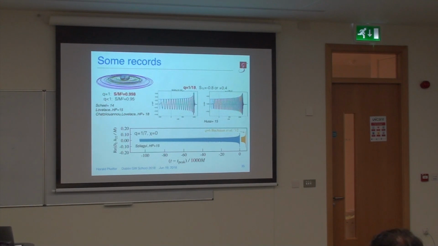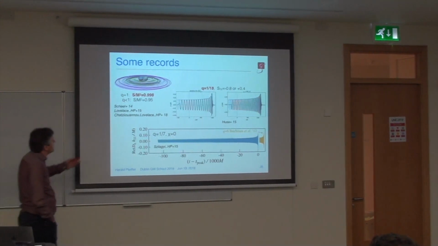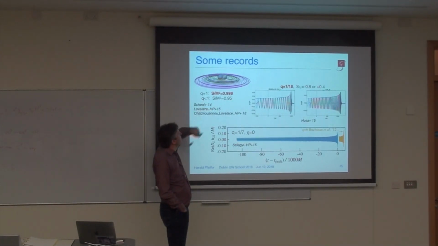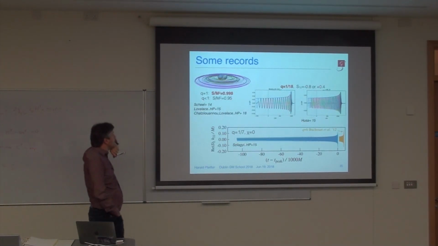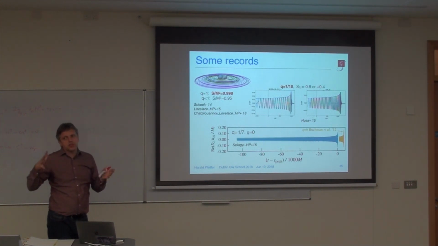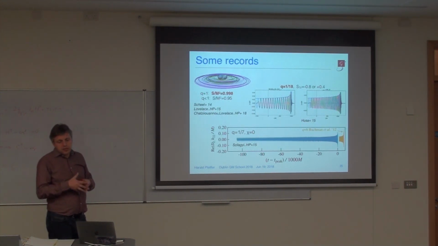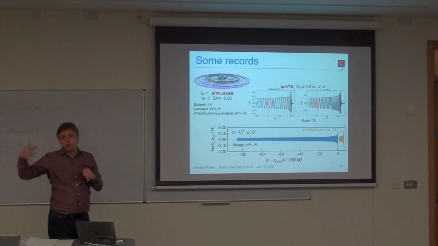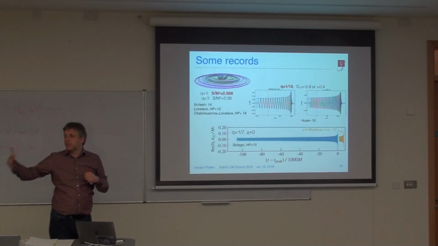A few records in all this waveform modeling. I already mentioned earlier that in terms of spin, the biggest spin simulated right now is 0.998. The difficulty with these high spins is that for black hole excision to work, you need to have the excision boundary between R plus and R minus, the outer and the inner horizon of the Kerr black hole.